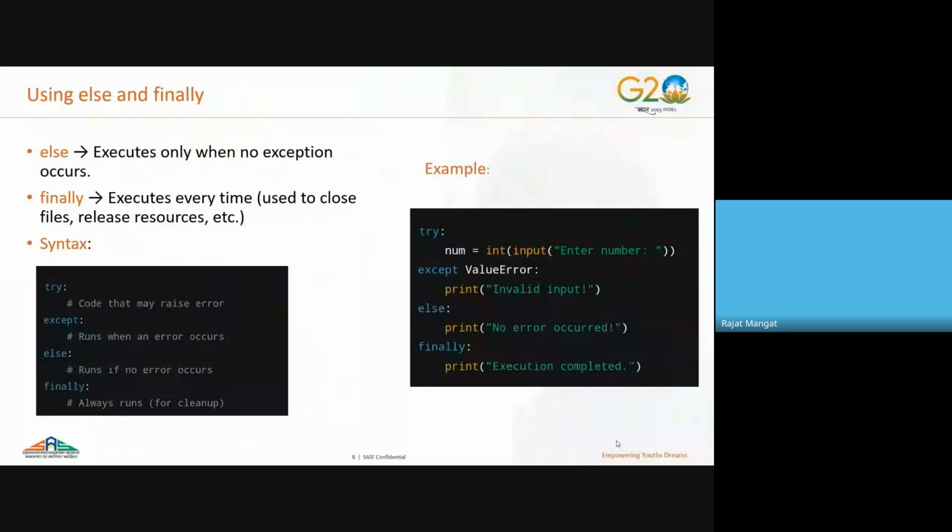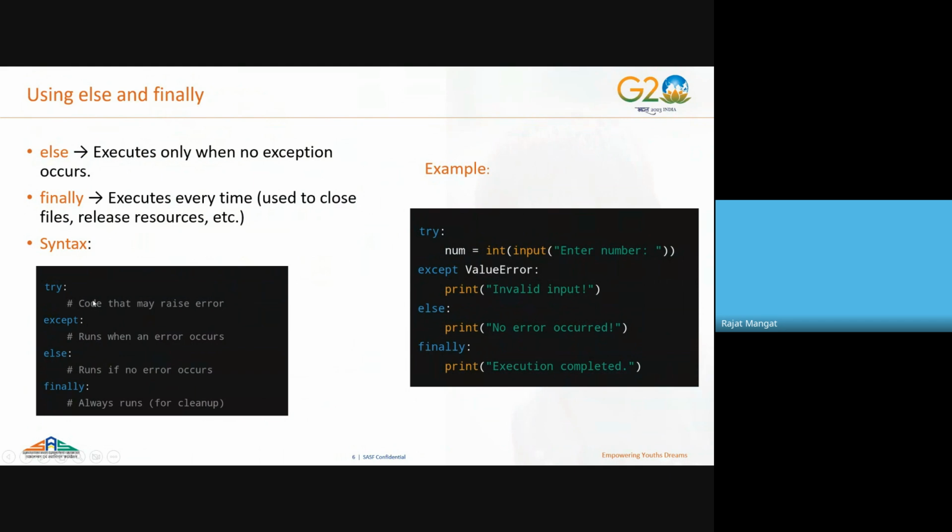Now in exception handling, there are a few terms that you should also remember, like the else and finally blocks. Till now we have understood the try block and except block. Now we want to know about the else block and finally block. The else block executes only when no exception occurs. When the try block gets fully executed, only then the else block will get executed.